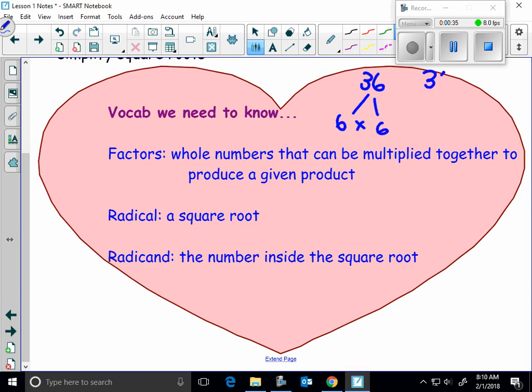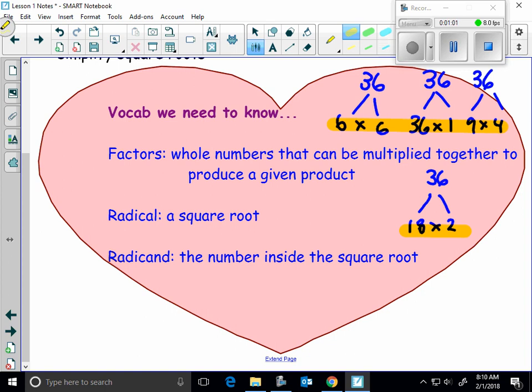What's another set of factors for 36? 36 times 1, yep, absolutely. That's always an option. 9 times 4. Right? Anything else out there? 18 times 2, maybe? 18 times 2. Okay. So each of these are called factors.